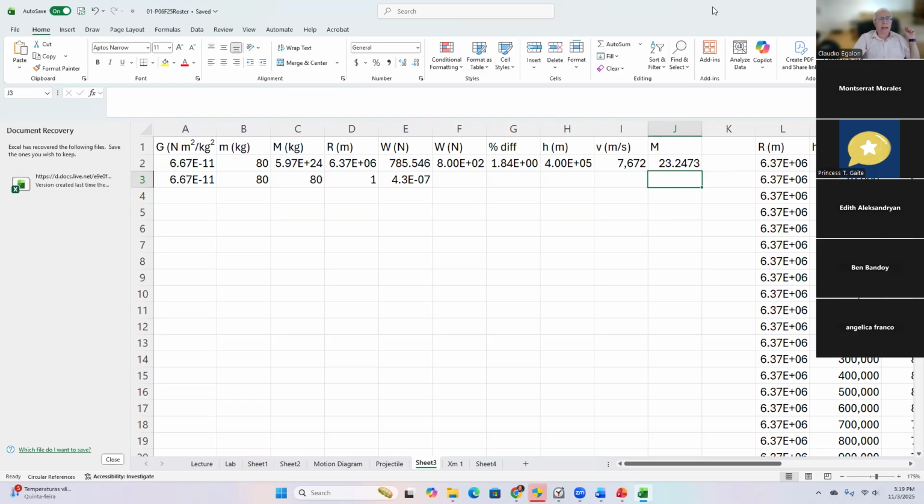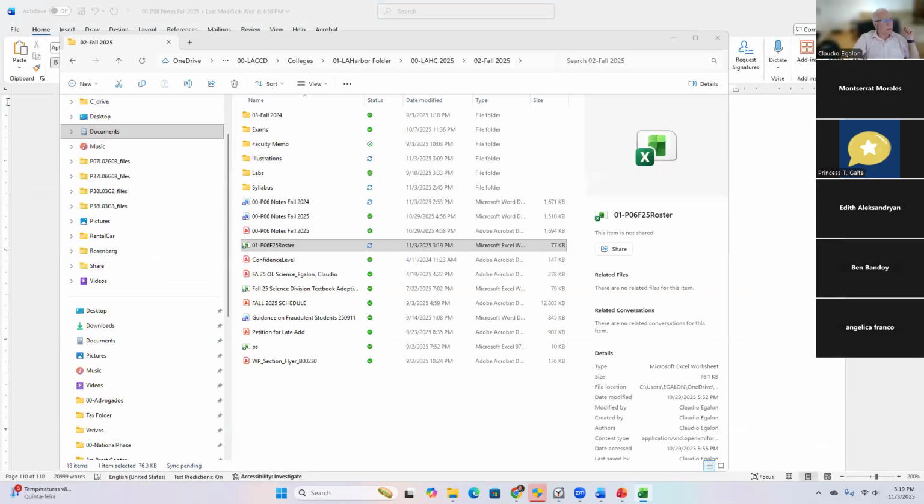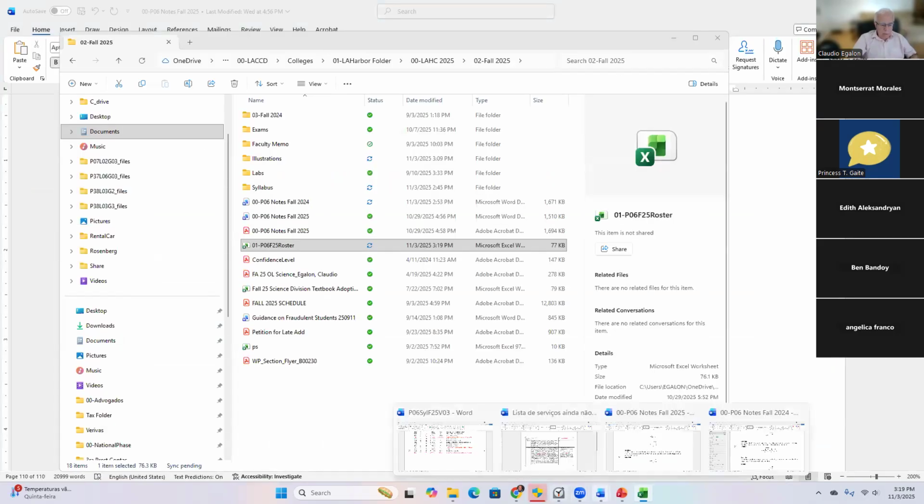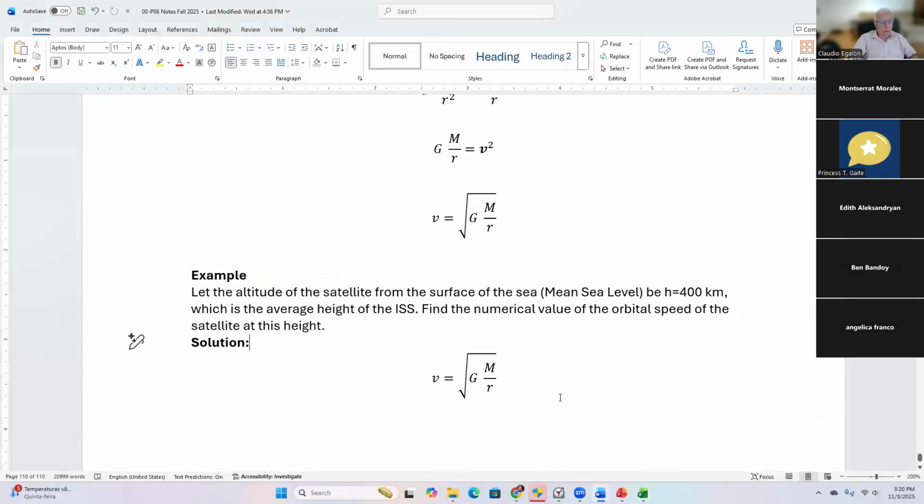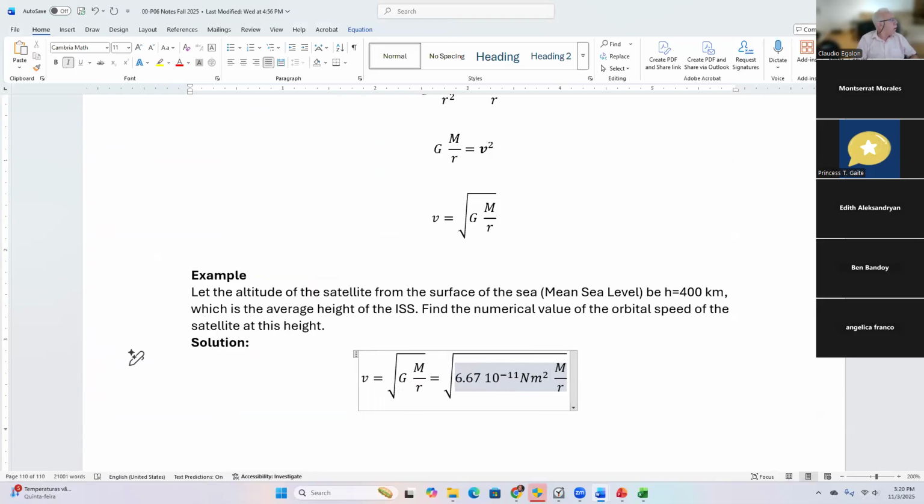But that's the type of speed that you are talking about. 7,672, right? Going back to my notes, I'm going to put the numbers here. 6.67 times 10 to the minus 11, and the unit is Newton meter square over kilogram square.